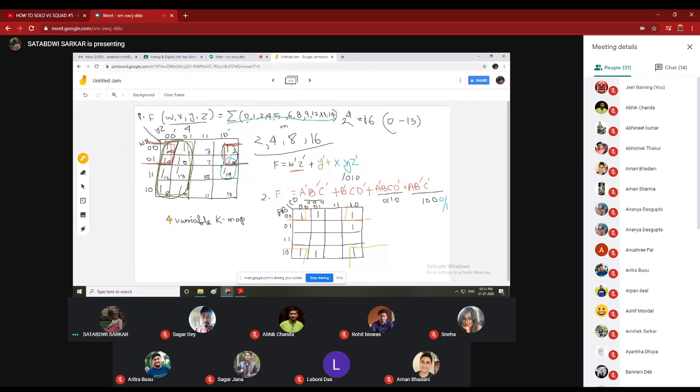Okay, so now write the function f equals to, so the value of the first cell is 0 0 0 0, and this cell 0 0 1 0, so 0 0 is same. Now for this cell 1 0, and for this cell it is 1 0 0 0, and it is 1 0 1 0.